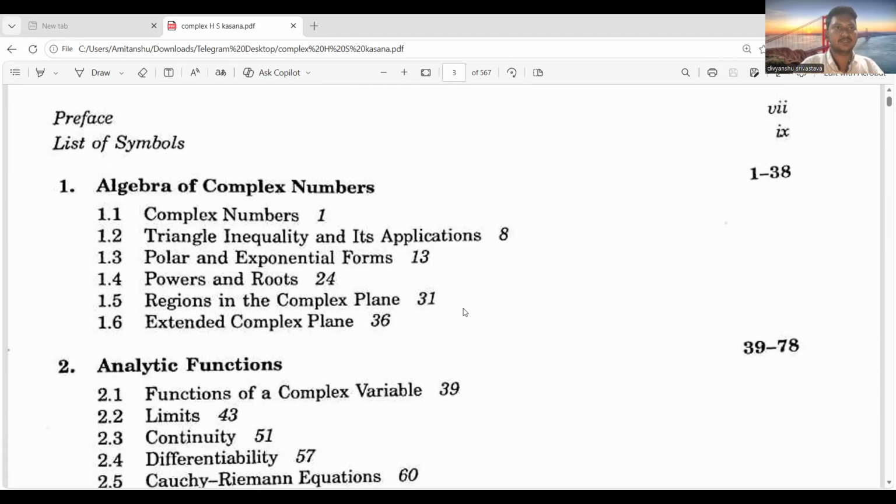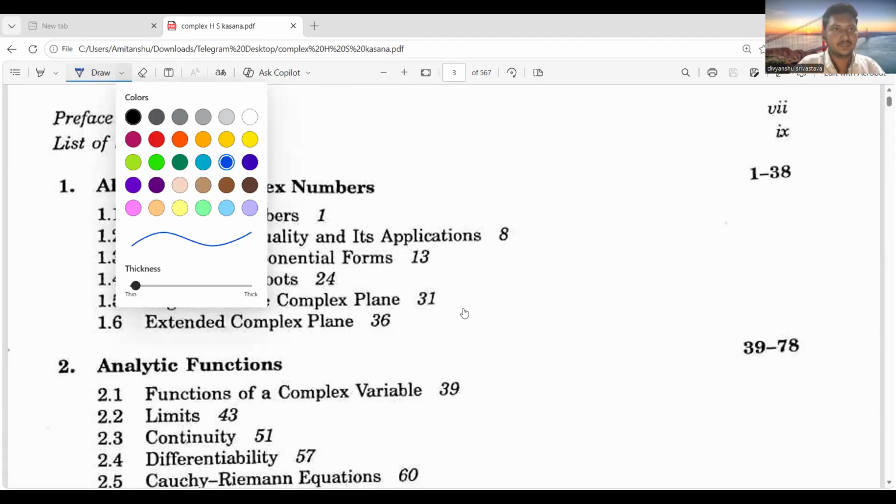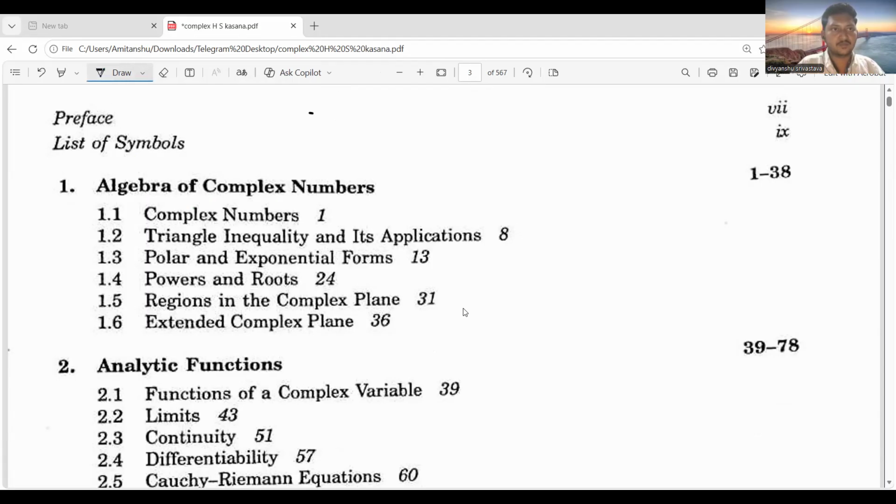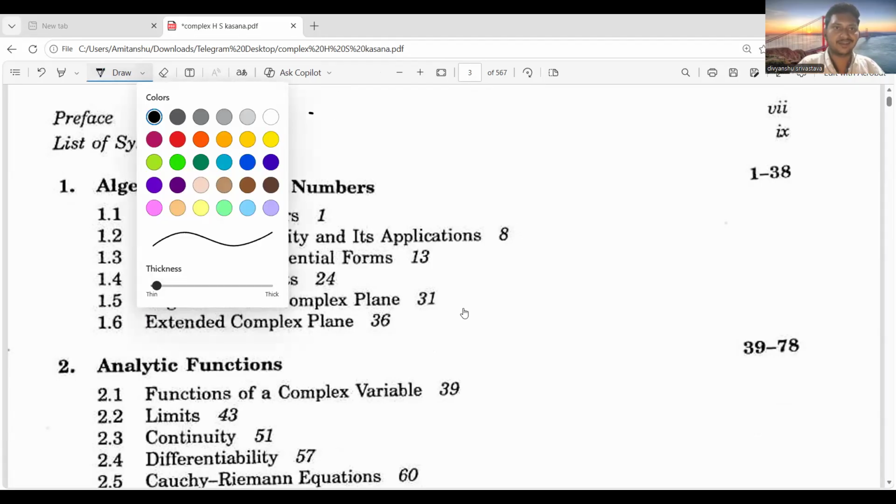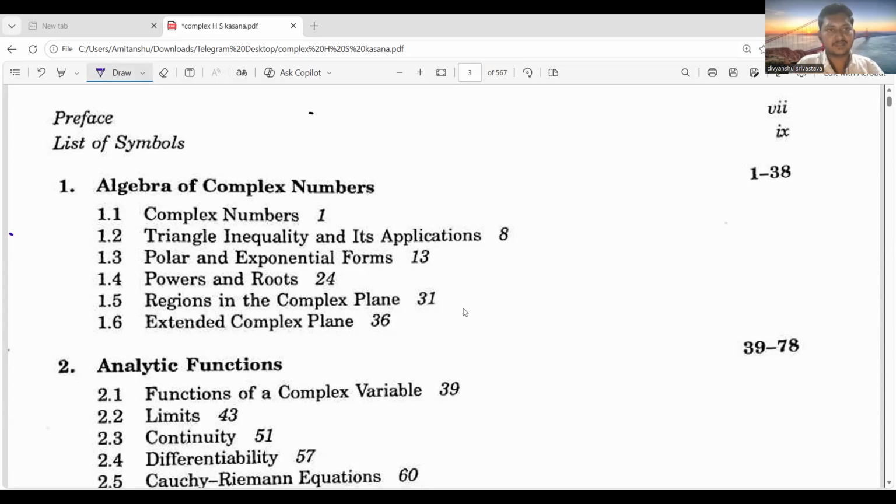So now in this section, I'm going to teach you some basic concepts about complex analysis. Again, I am repeating this. In the section algebra of complex numbers, I will teach you complex numbers, triangular inequality and its application.